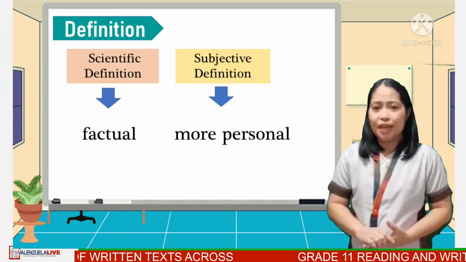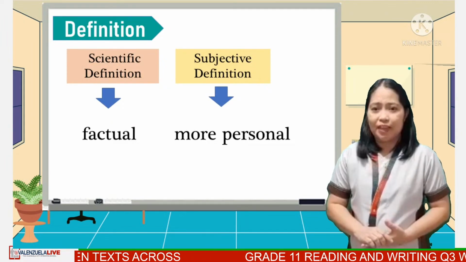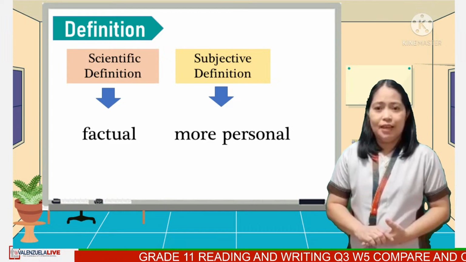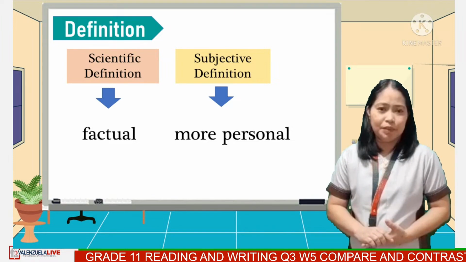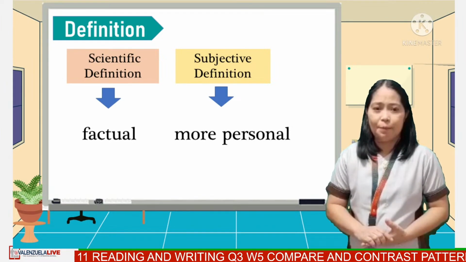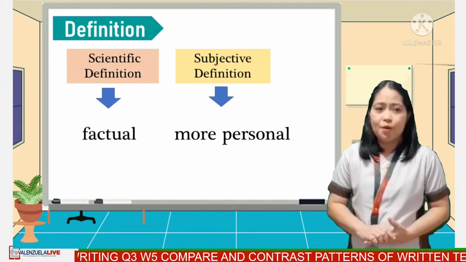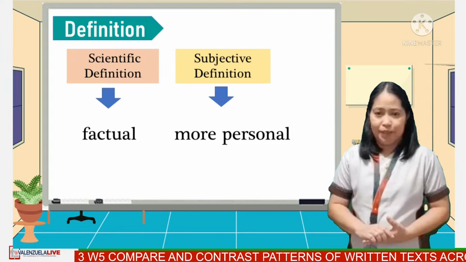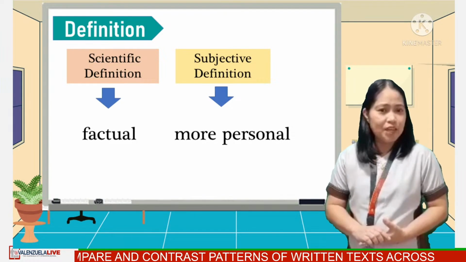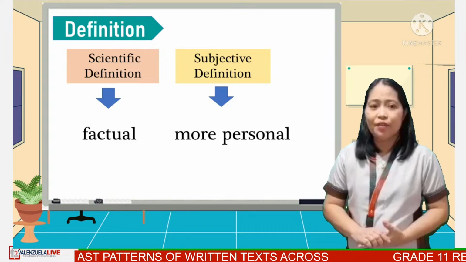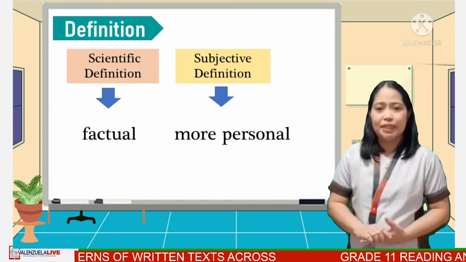The definition has two types: scientific definition and subjective definition. Scientific defines concepts in the most factual way, which is often used in scientific, proper, or real-world facts, while subjective defines the objects in a more personal way, usually derived from the author's own experiences and opinion.